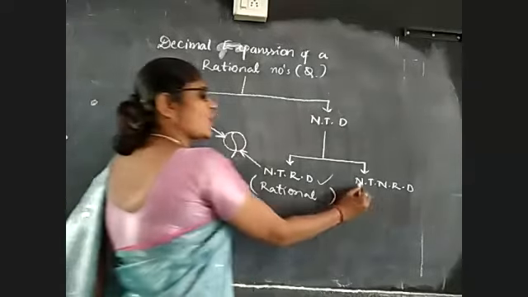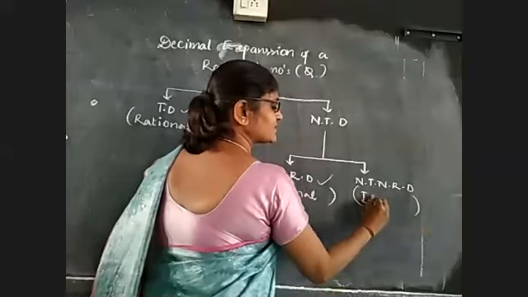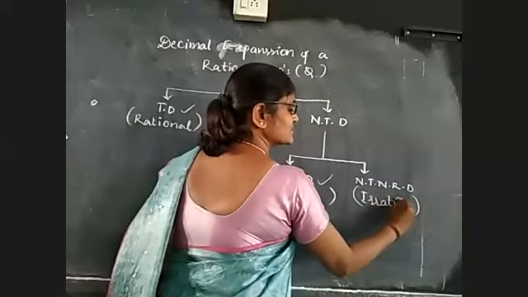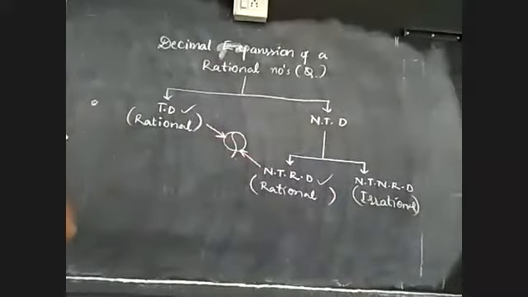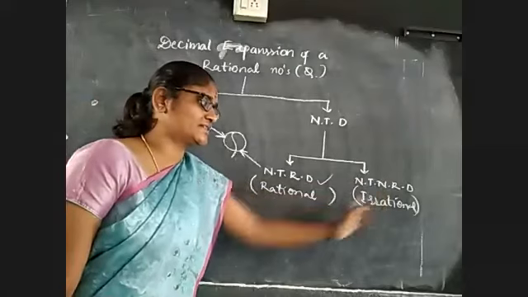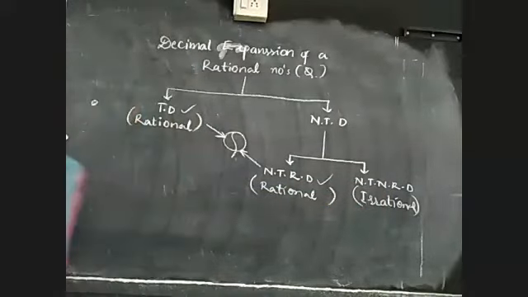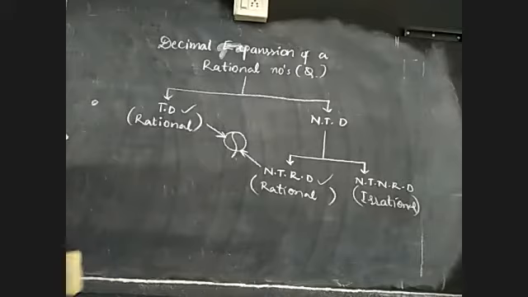Coming to irrational numbers: all non-terminating, non-recurring decimals are known as irrational numbers. This is the concept we took from the flow chart: decimal expansion of a rational number.